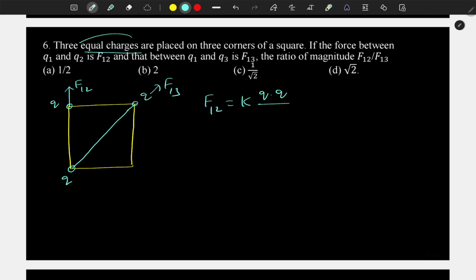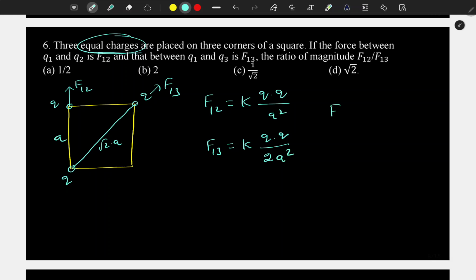Since they have given three equal charges, I will take QQ divided by distance. Let me consider it as A square. For F13, diagonal length is root 2A, that is F13 is equal to K QQ divided by root 2A whole square, that is 2A square.